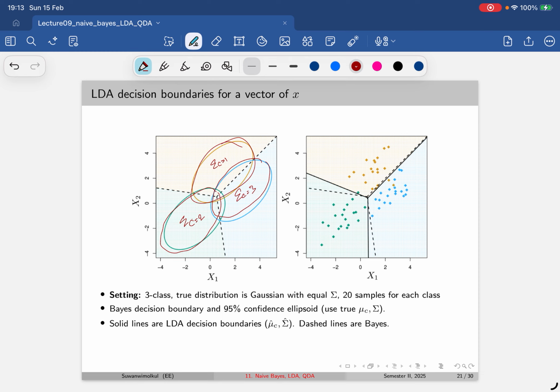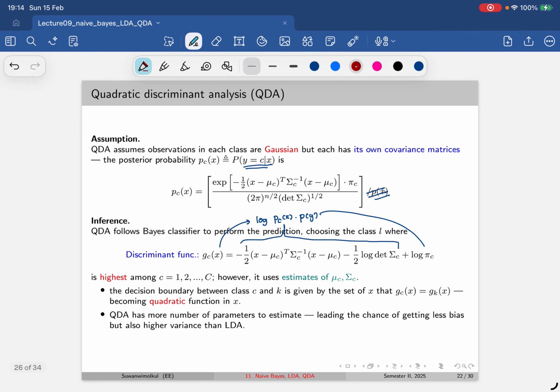And of course, as we mentioned before, if we assume they have the same prior for each class, then the decision boundary divides midway between the center points of each, right? Okay, so that's it.